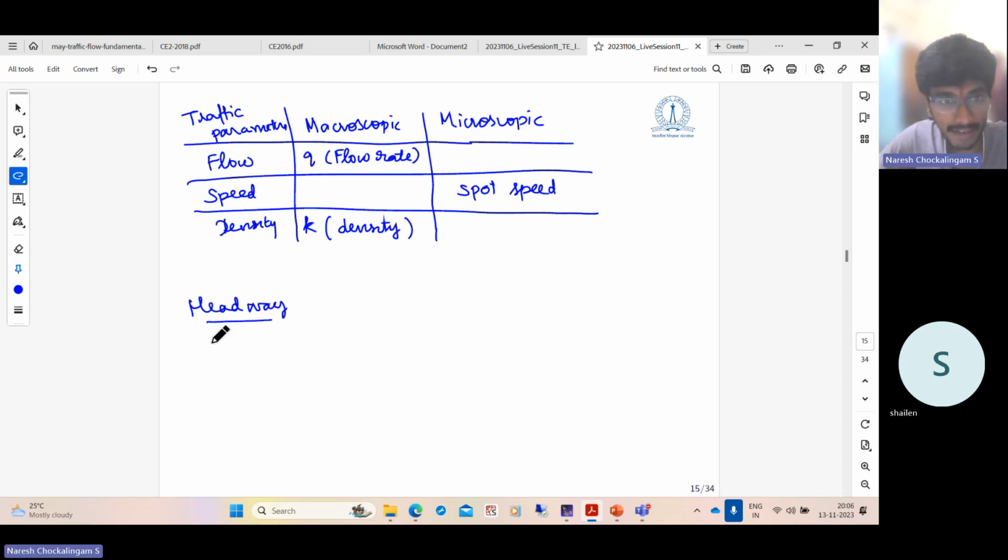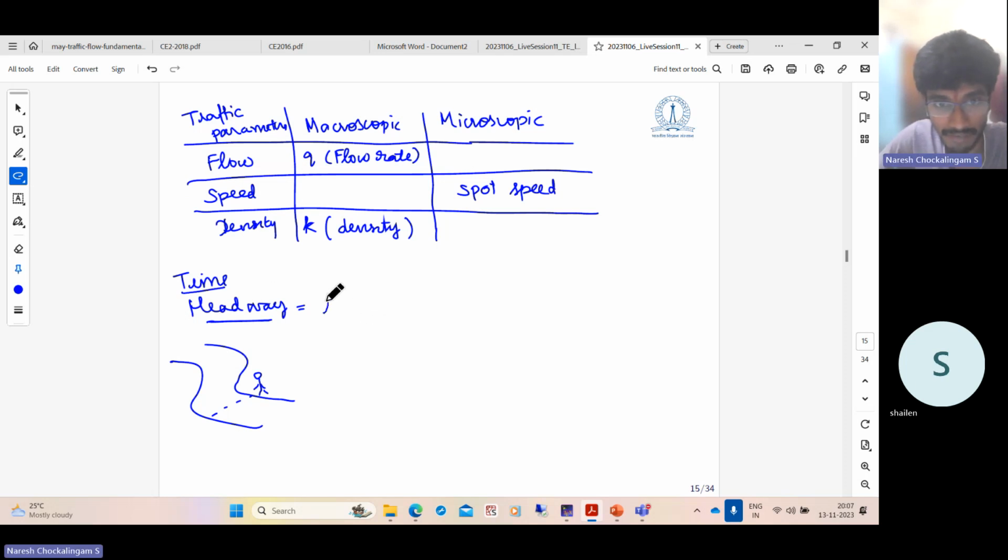So for example, consider a point on a given road and put an observer here. Instead of counting how many vehicles pass in a given time interval, this person can also get the time gap between two successive vehicles. This is called the time headway.